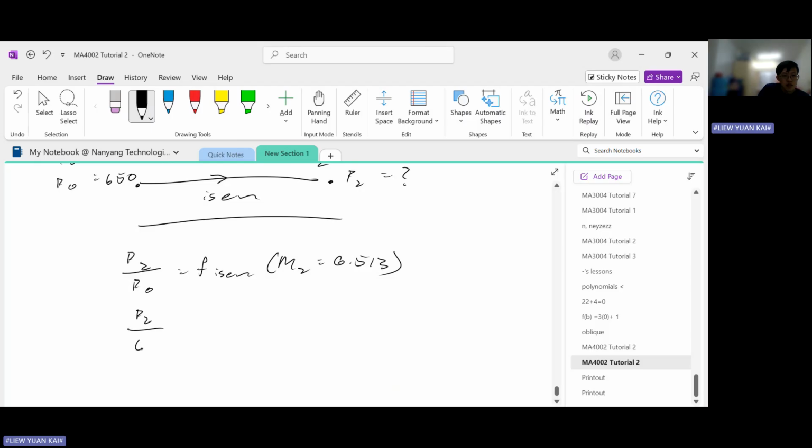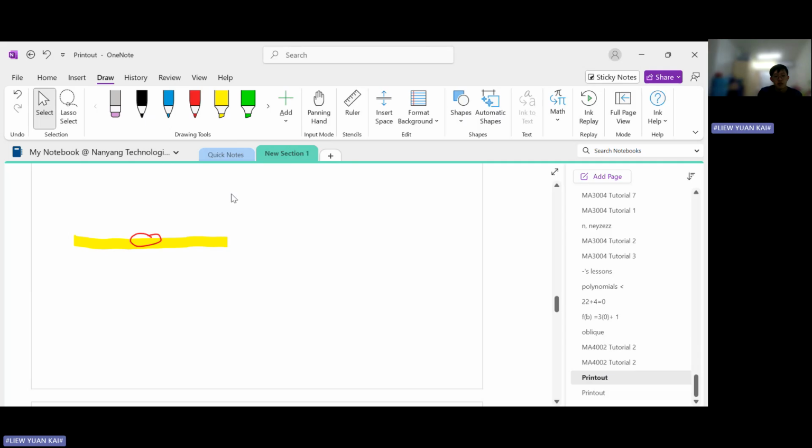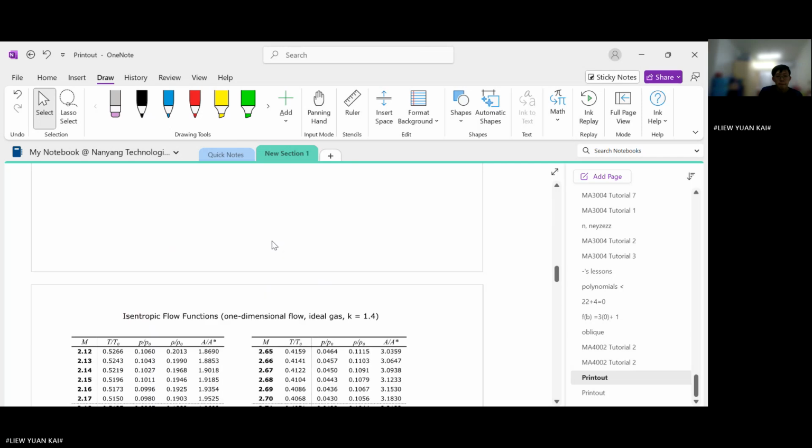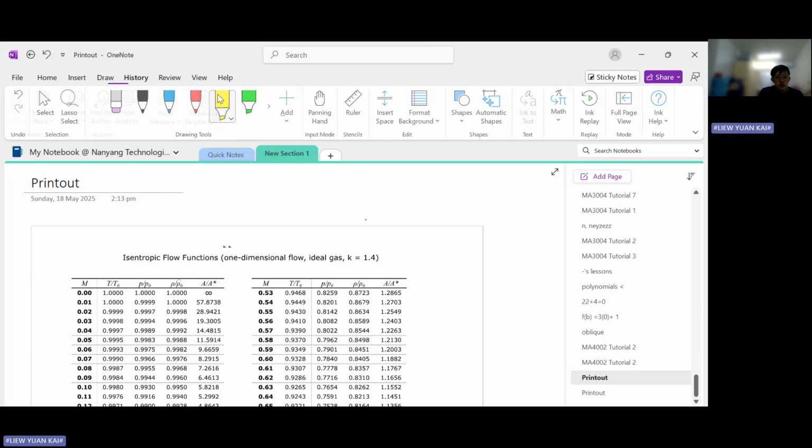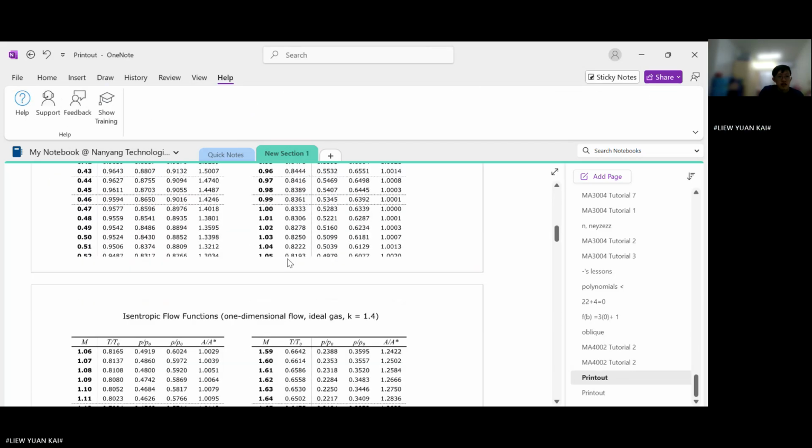P2 is unknown, P naught is known. This one is found at the table where M2 is equal to 0.51. Since the Mach number is given to 2 decimal places, just round it off to 0.51. So go to the isentropic flow table, and you find Mach number equal to 0.51. It should be down here.